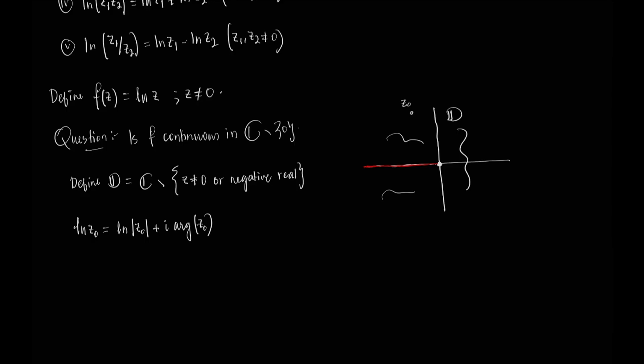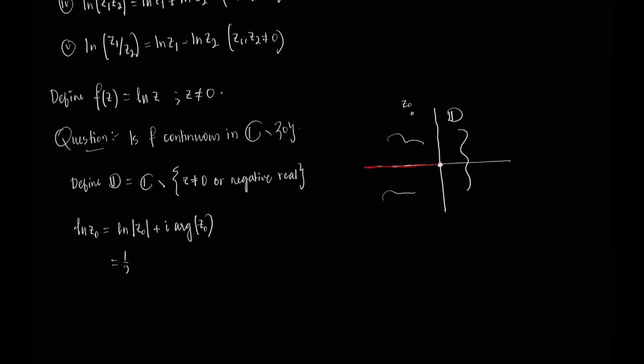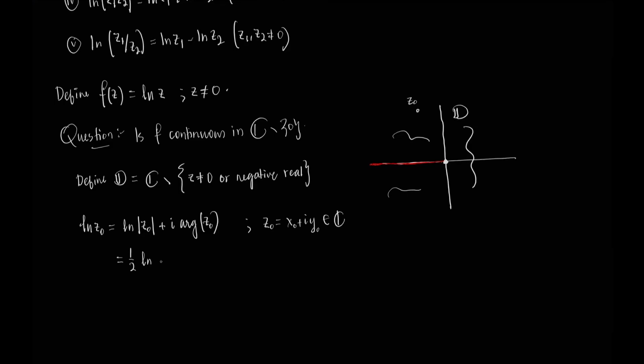Or we can write it like this: assuming z0 is x0 plus i y0, it is half times log of x squared plus y squared, plus i times tan inverse of y by x plus c.